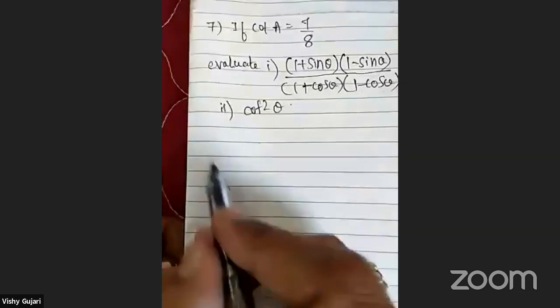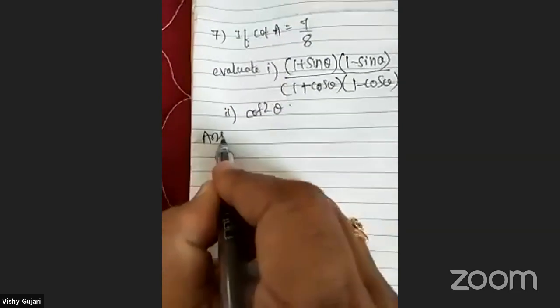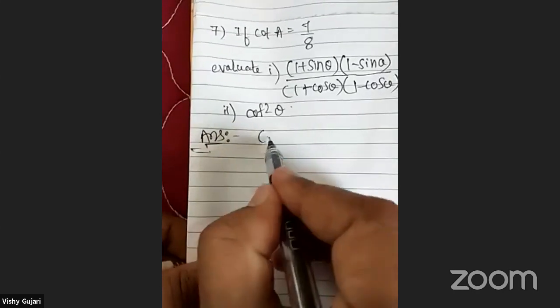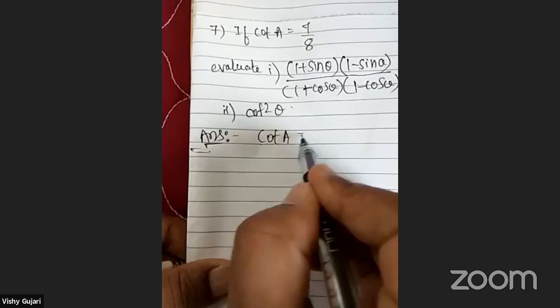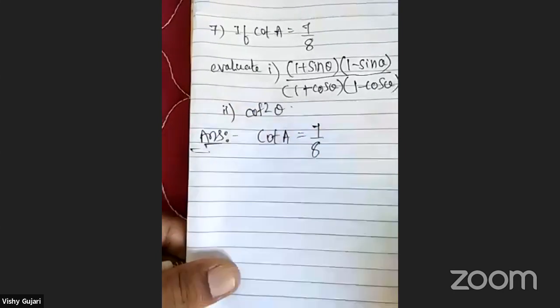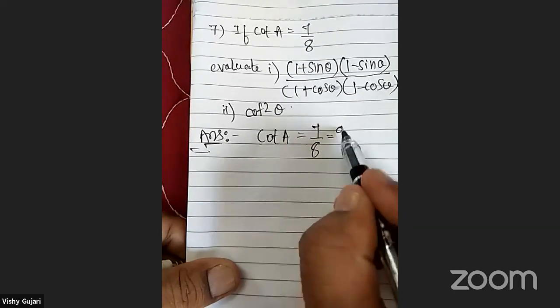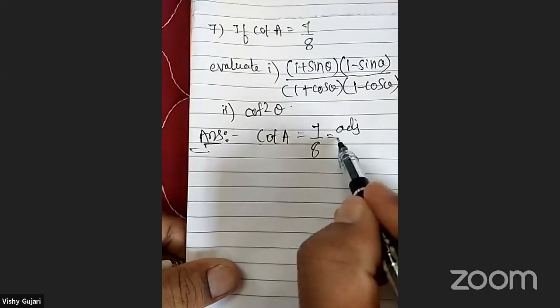So first you start answering the question. Cot A is equal to 7 by 8. Cot means, as we know, adjacent by opposite.